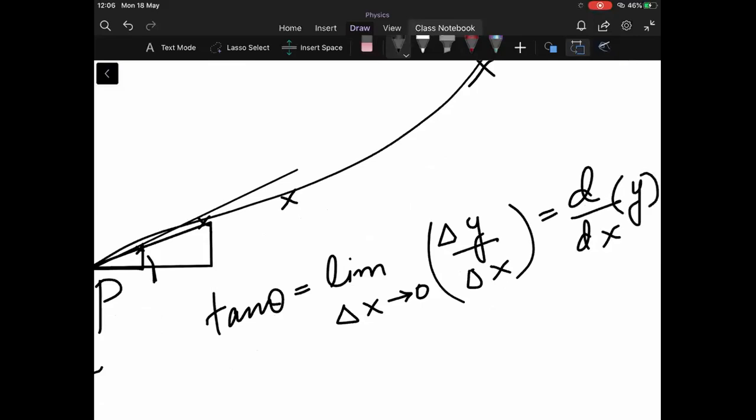Now this simple statement of dy by dx signifies everything: that you have to take delta x to be very, very small, and then find tan theta by taking delta y by delta x. All these statements and the procedure you need to apply can be stated by the simple expression dy by dx. This is known as differentiation.